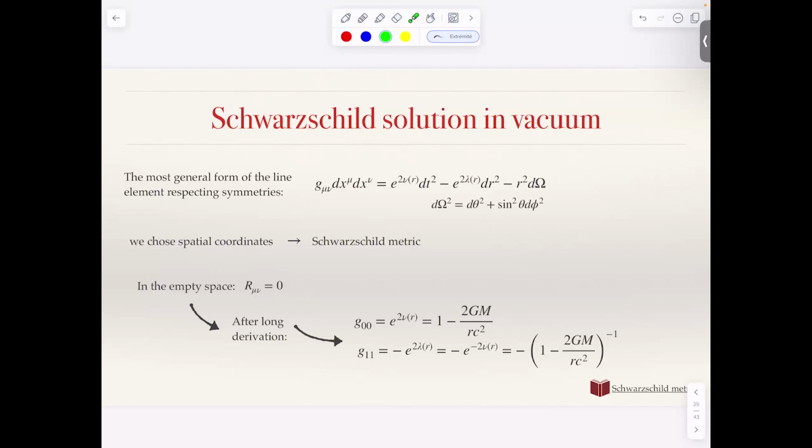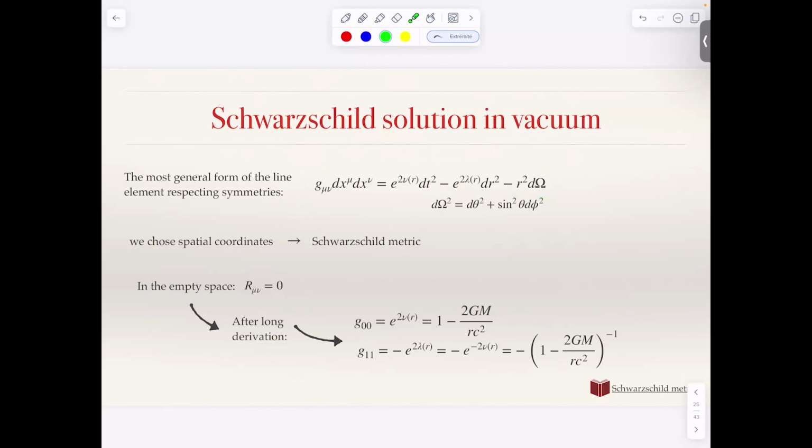So there is a conservation not in space alone, but in space and time. And this is what is described by this matrix.